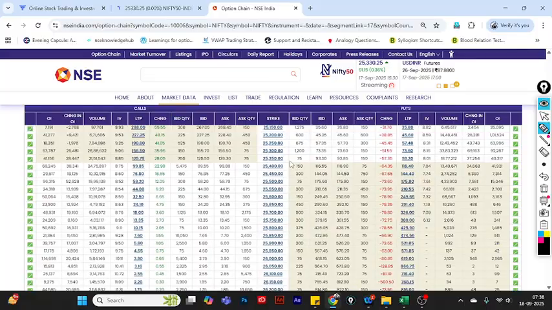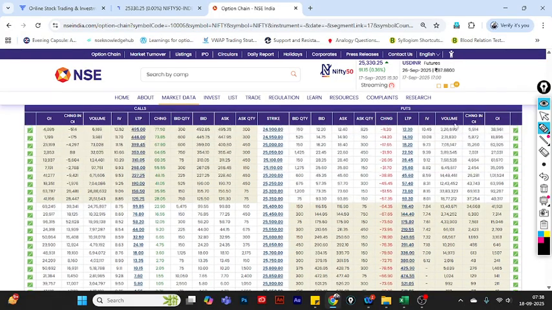So 25,350 is the current strike price. On the put side we have to find the maximum put writers. You can see here at 25,200 there are nearly 1,15,000 put writers.